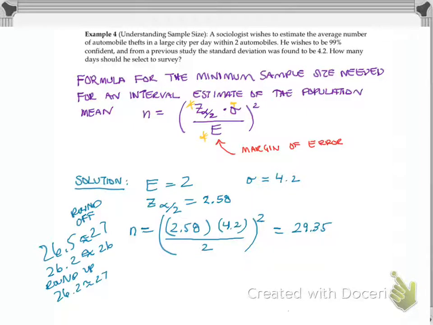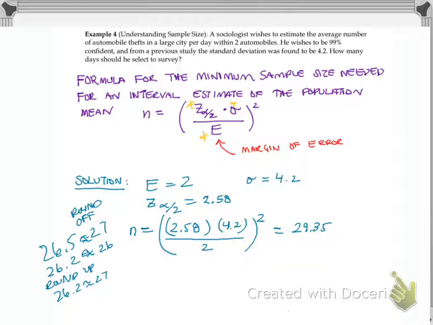I want to be careful because I think in other problems we've rounded up, and in a lot of problems we round off. Mostly we round off. If it's 5 or higher, you round to the next number. If it's below 5, you keep that number the same. But if you're rounding up, which you will be doing whenever you're asked to find the sample size, then you round up. So it would be 27.